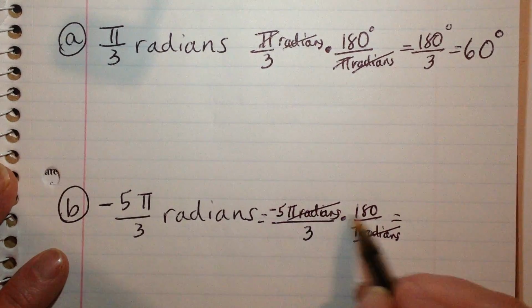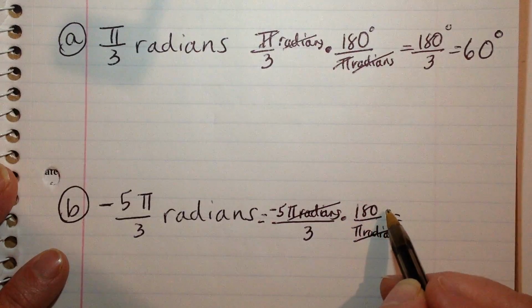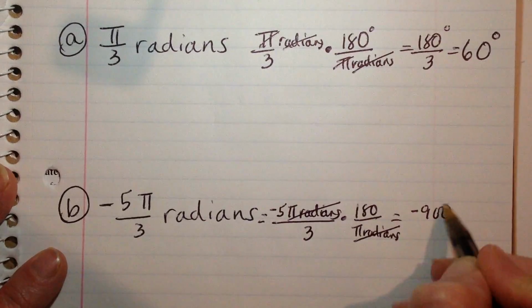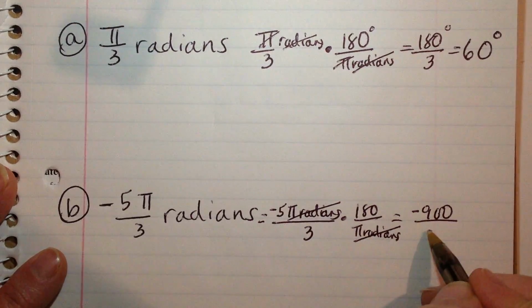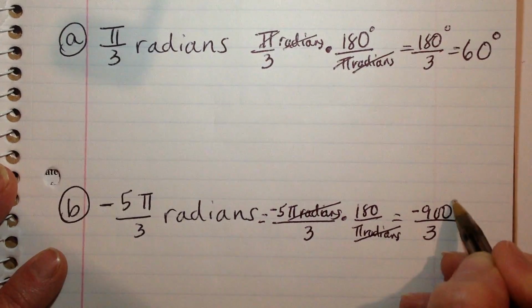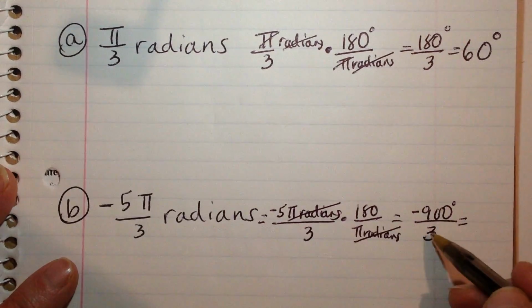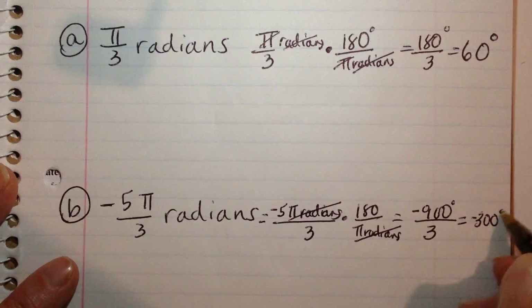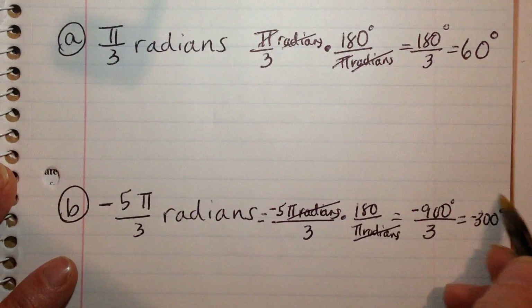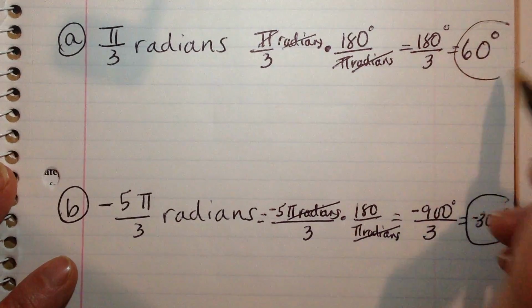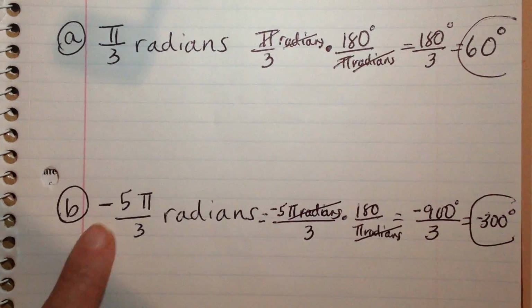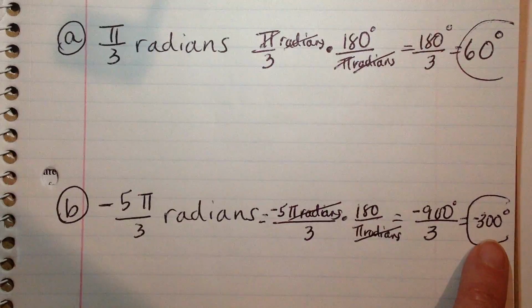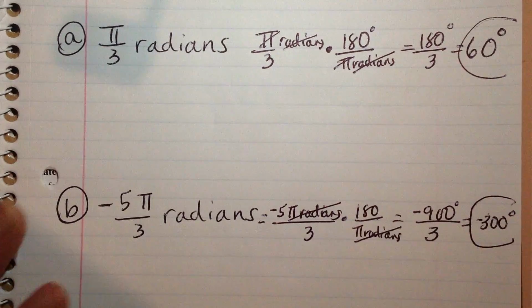Now I have negative 5 times 180. That gives me negative 900 divided by 3 degrees. Negative 900 divided by 3 gives me negative 300 degrees. So there's my answer there. Negative 5 pi divided by 3 radians is negative 300 degrees.